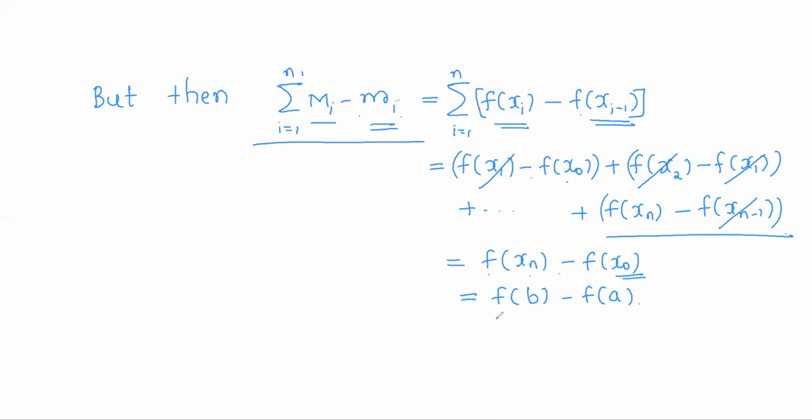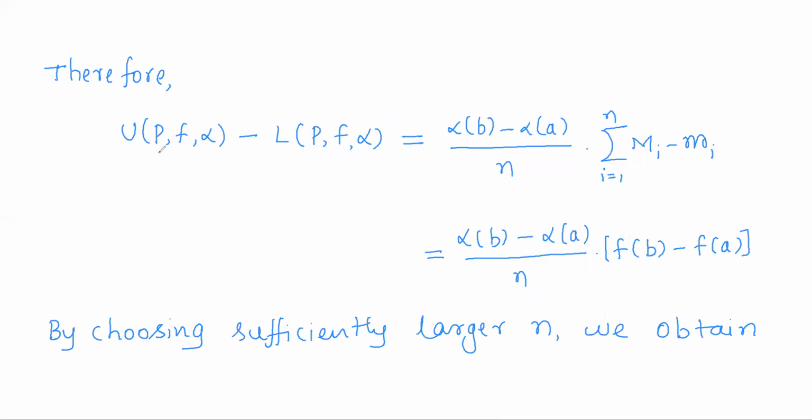That is nothing but f of b minus f of a. So the summation is nothing but f of b minus f of a. Substitute that value. Therefore U of P, f, alpha minus L of P, f, alpha is equal to alpha of b minus alpha of a by n into this summation of capital Mi minus small mi, which is nothing but f of b minus f of a.